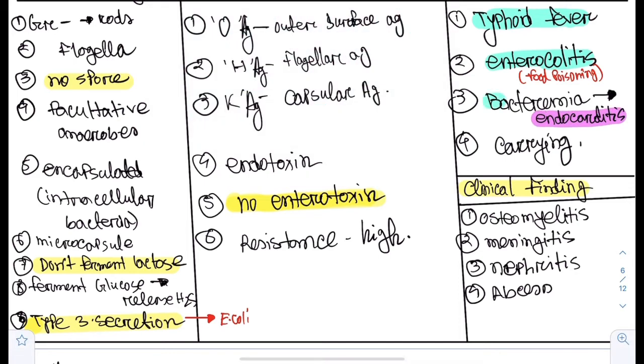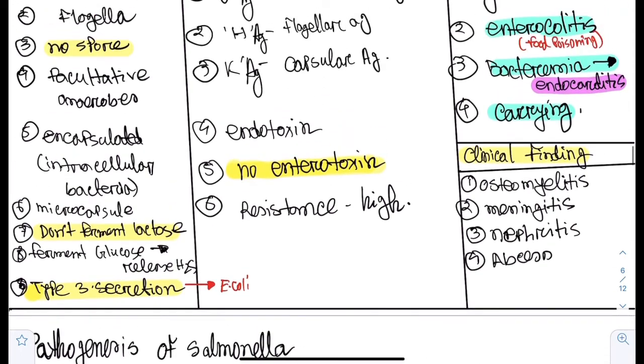And carrying, that means the person who has this bacteria might be a carrier. Also there is a possibility that this bacteria can be in the milk and also on the food, like on the surface of the food or any fruits. So we need to wash everything before we eat anything.